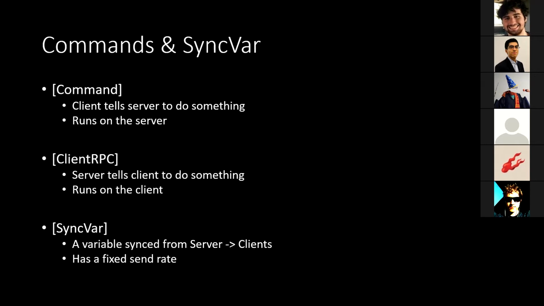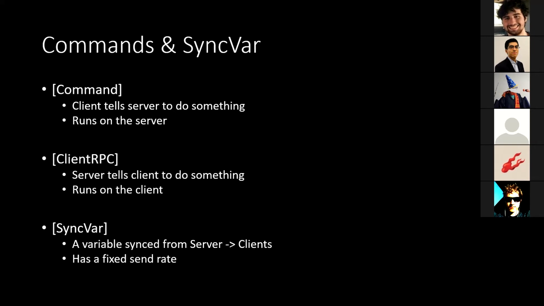Then there's also a sync variable, and this is a tag that you can put on variables where whatever information's on the server will automatically be synced to the client at a fixed rate. So this is useful for things like health, or a score, or a timer.